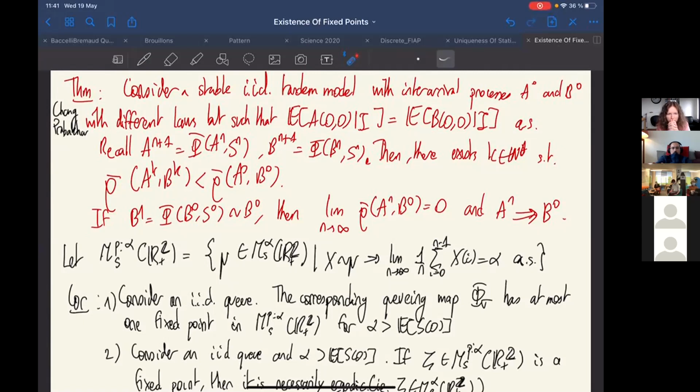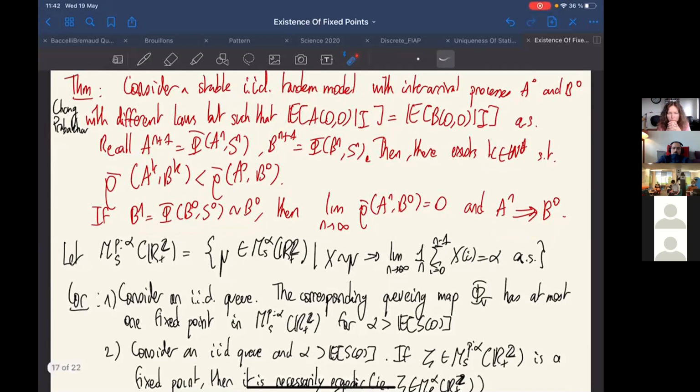In this case you have one fixed point, attractiveness, and convergence to this fixed point under just the assumption of finite mean, in the case of i.i.d. service times.